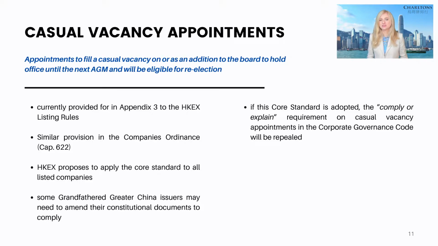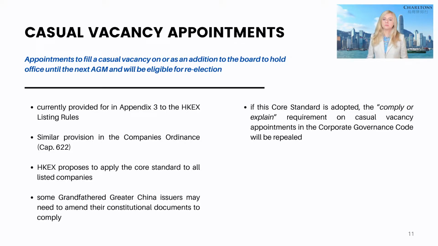Section 462 of the Companies Ordinance provides that a vacancy created by the removal of a director can be filled by a casual vacancy, but does not stipulate that the appointed director will hold office only until the next AGM. The Hong Kong Exchange proposes to apply the core standard to all Hong Kong Exchange-listed companies to preserve shareholders' ability to elect directors after a casual vacancy arises.